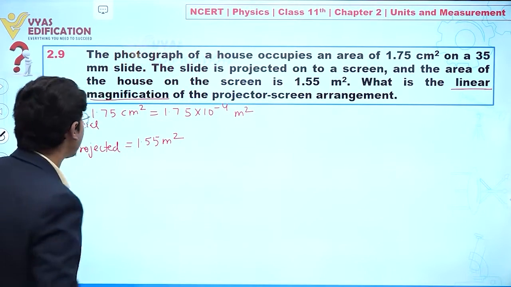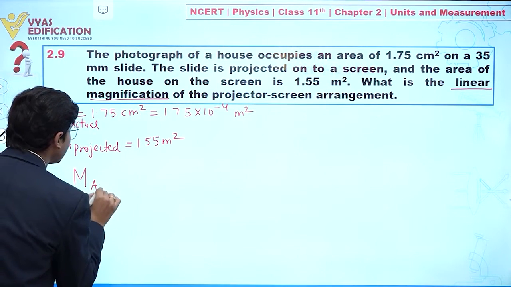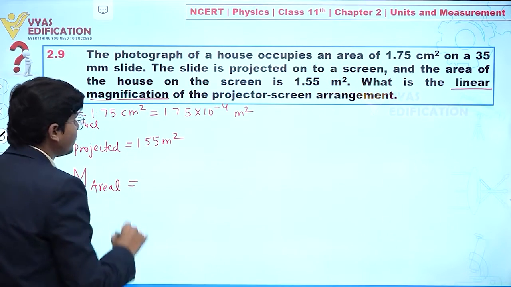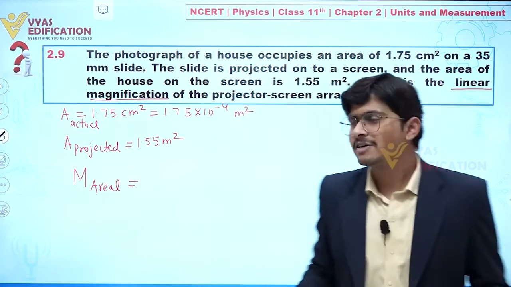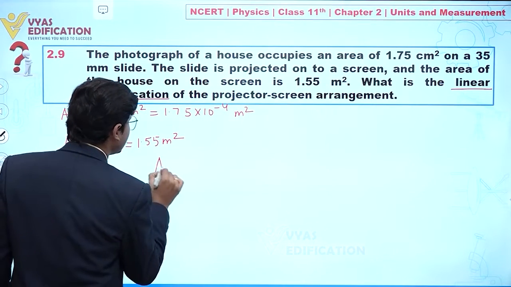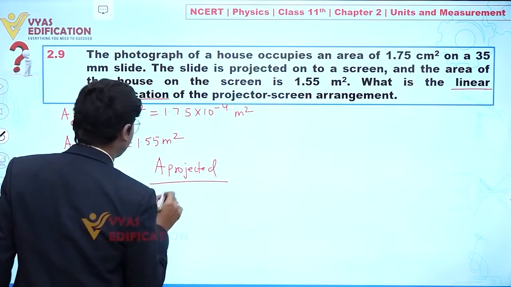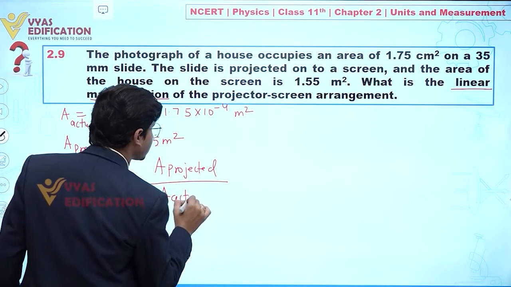So for linear magnification, first we will find the areal magnification, because in this question the projected area and the actual area are given. So how can we write? We can write the area projected divided by the actual area of the object. Clear?